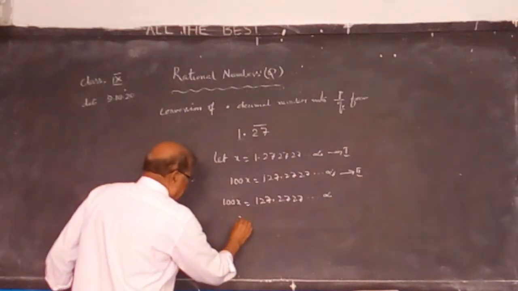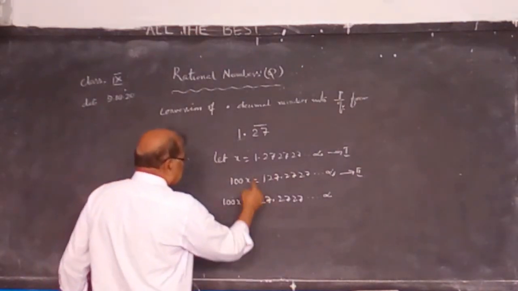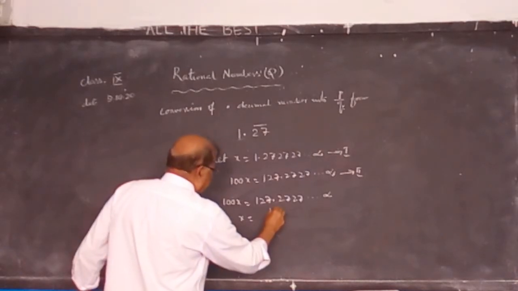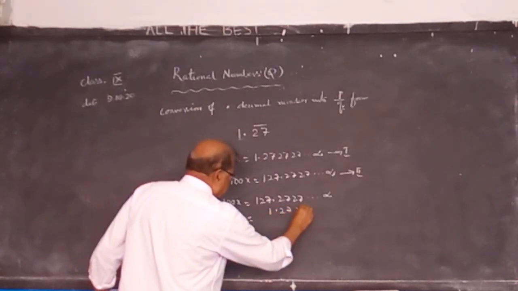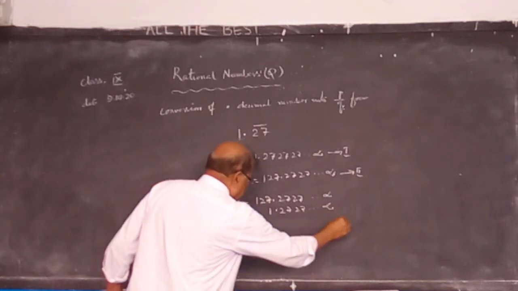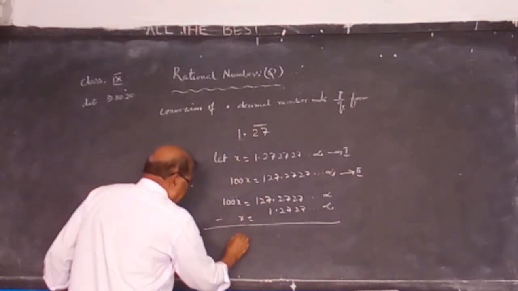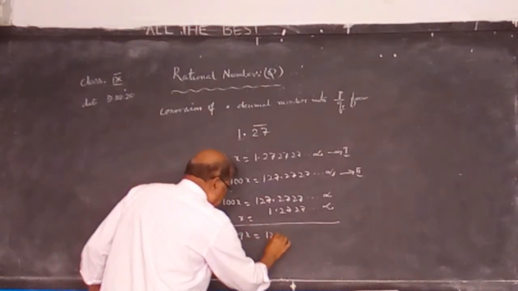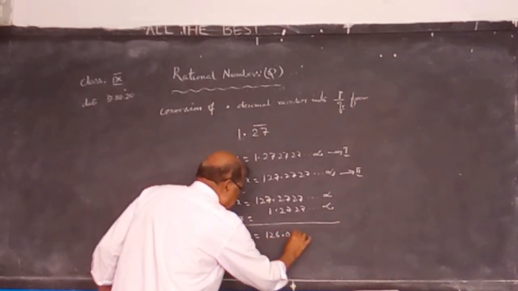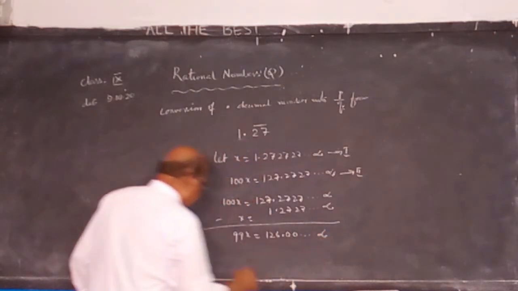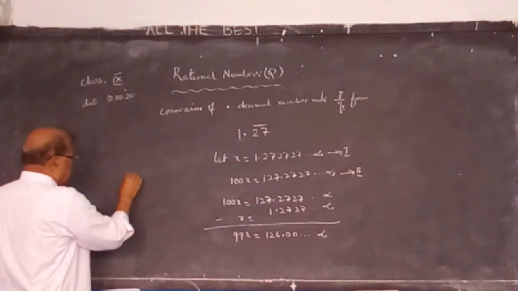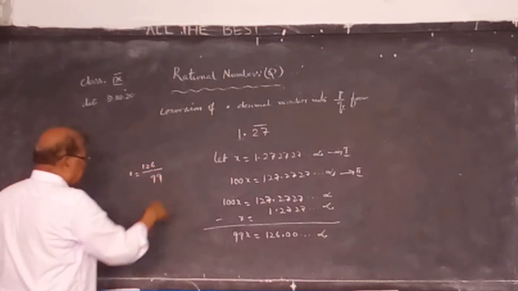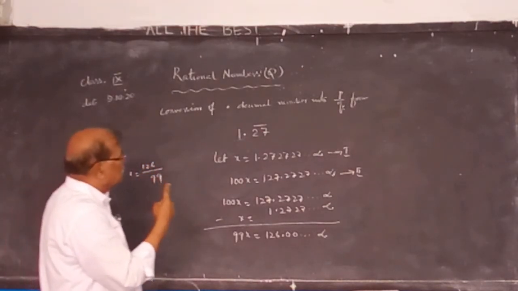The other one is x is equal to 1.2727 like this. If you subtract, what do we get? 99x is equal to 126.00 up to infinity. Now x is equal to 126 by 99. It is in the form of p by q.